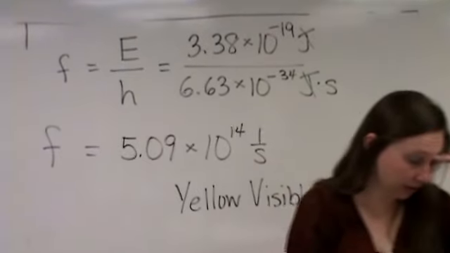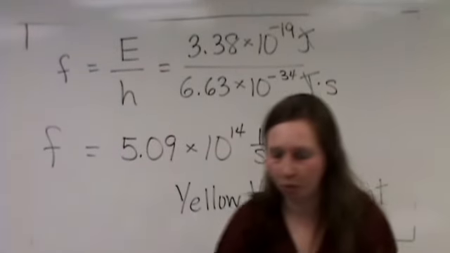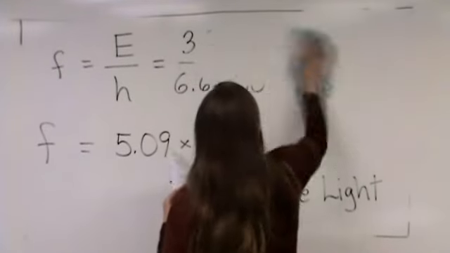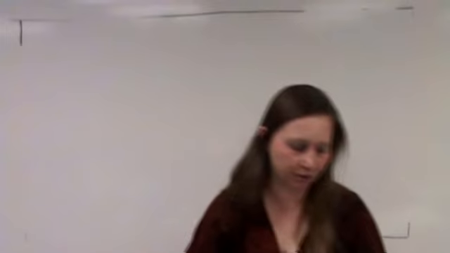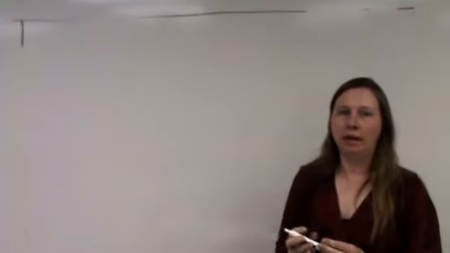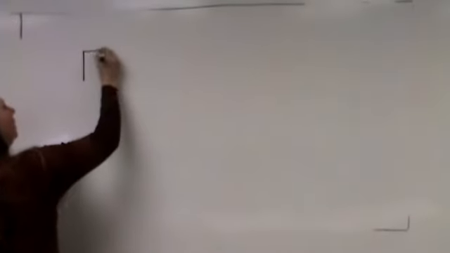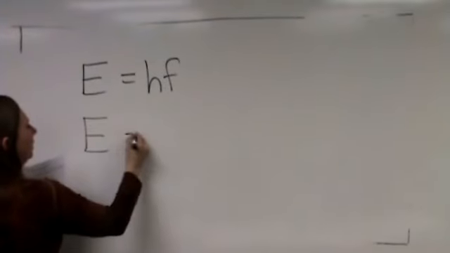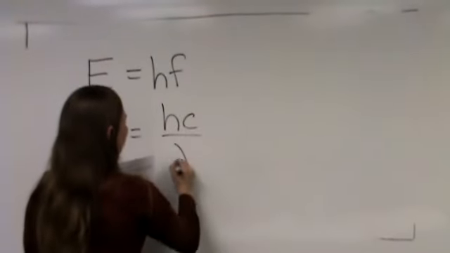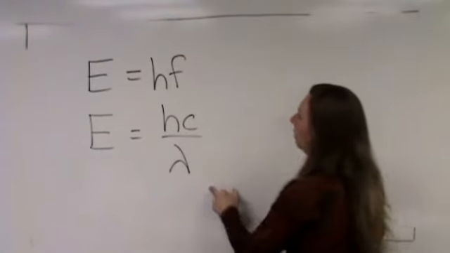Now, just a little summary of what we've talked about. If you want to calculate how much energy a photon of light has, there are at least two equations, the ones that we covered today. E equals hf, or E equals hc over lambda. Now, possibly you can see where c over lambda comes from.